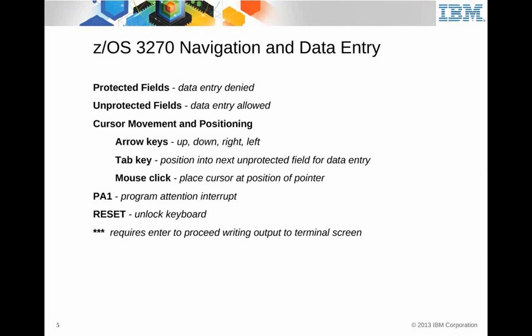Unprotected fields allow data entry. If you use the tab key, many times it will tab you to the next unprotected field. If you try to type into a protected field, many times you'll see a little stick man at the bottom of your screen, and that just says, hey, you're trying to type into an area you're not allowed to type into. So many times you can do a reset or just hit the tab key again to get out of the field.